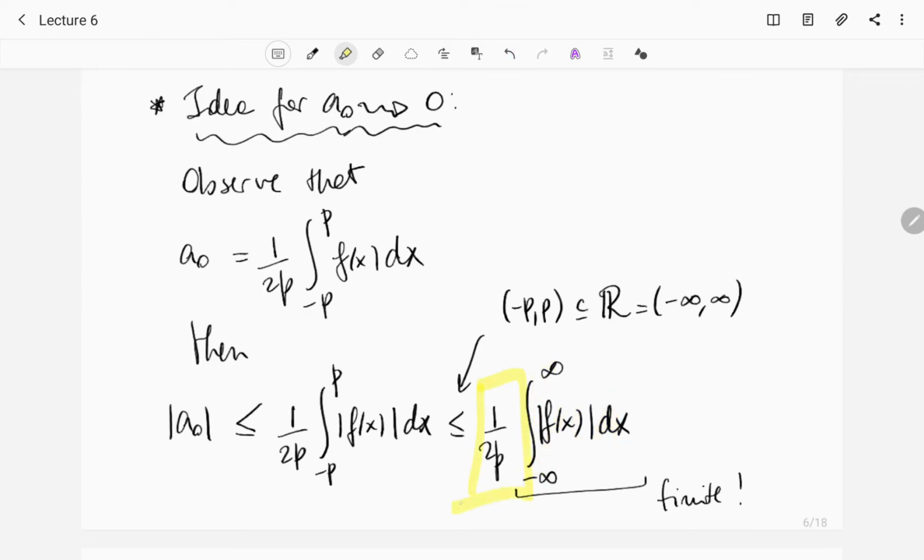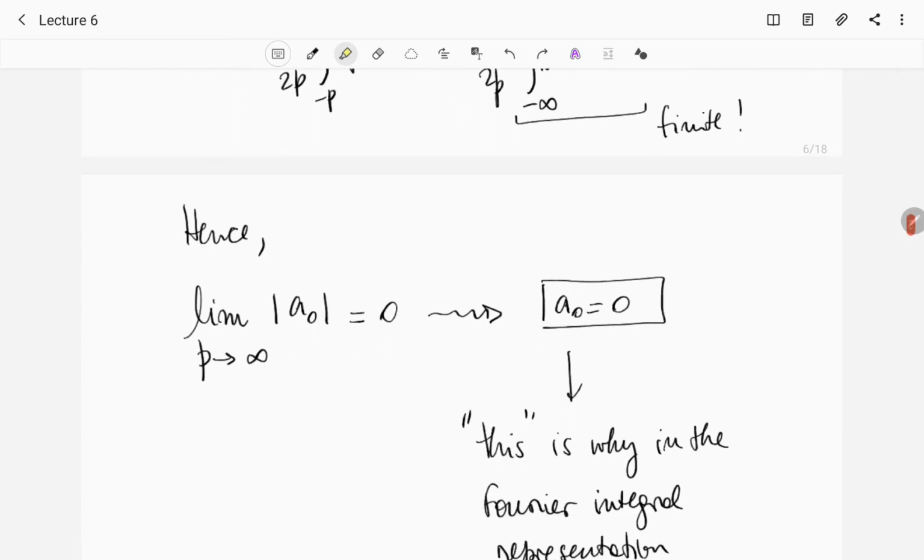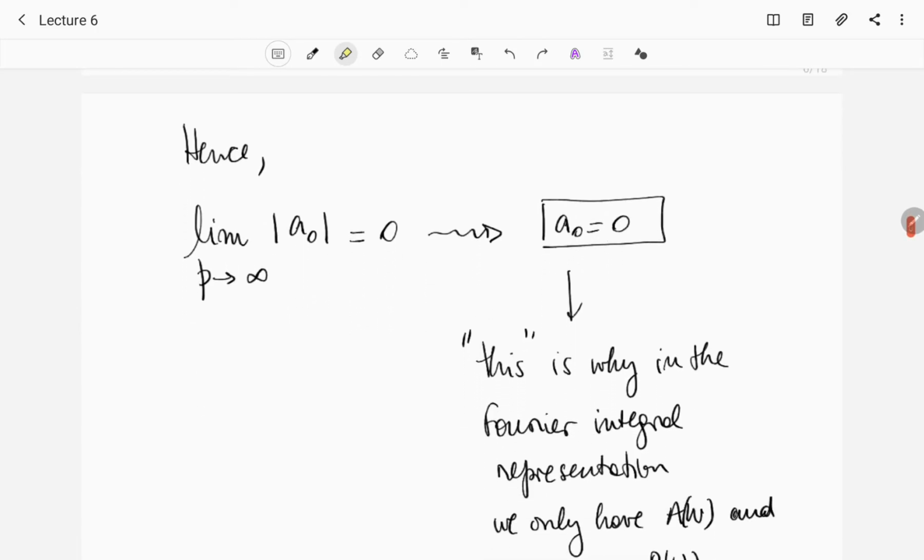Then we have this factor here, so when p goes to infinity, this goes to 0, which I guess is what the next line says. Exactly, so we get this 0.